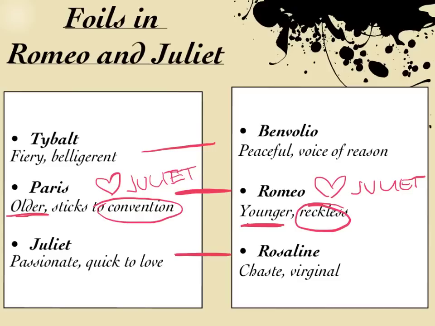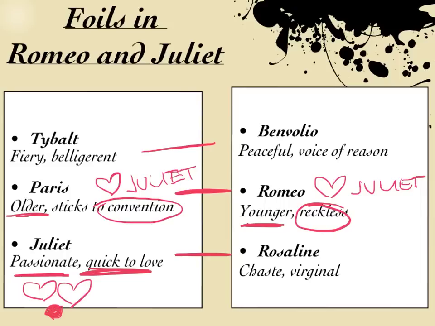And this brings us to our very last set of foils, at least that we've been introduced to. That would be Juliet and Rosaline. Now, Romeo appeals to Juliet because she is so passionate and quick to love. They both love so quickly. They look like this, right?